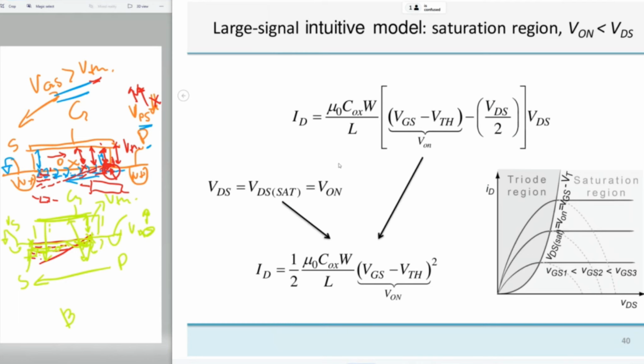But as a first order effect, what we say is that at a certain drain source voltage, saturation equal to V on, this equation is transformed into this equation. If you substitute this drain source voltage with V on, you'll get this equation. And you see that the current loses its dependence on the drain source voltage, and the current remains here. And it is determined by the conductivity of the channel.